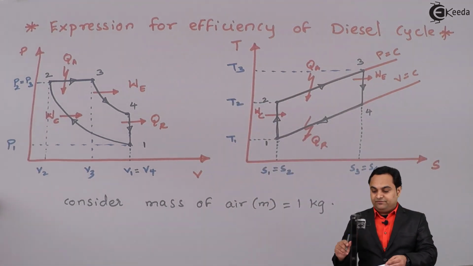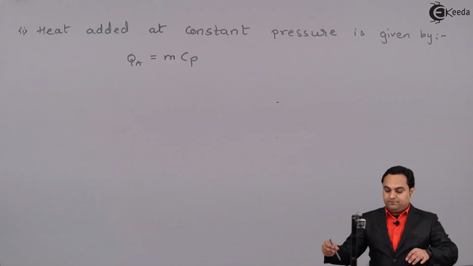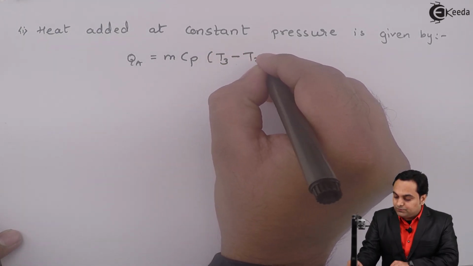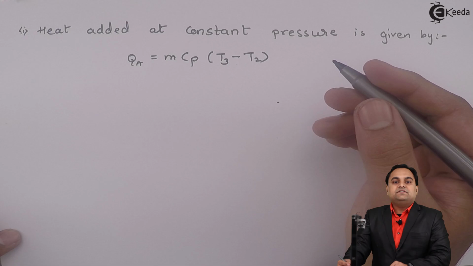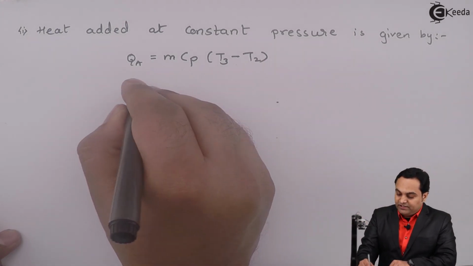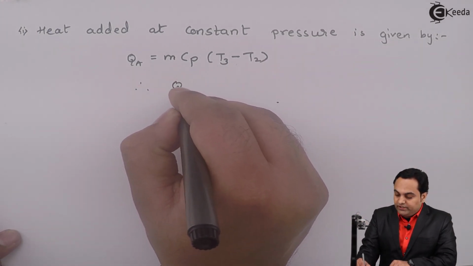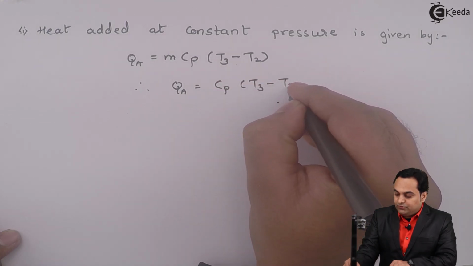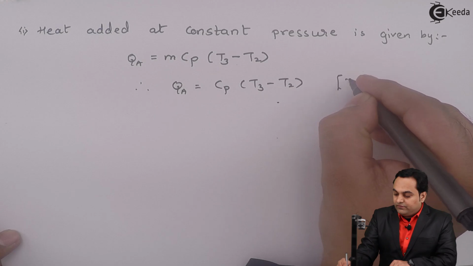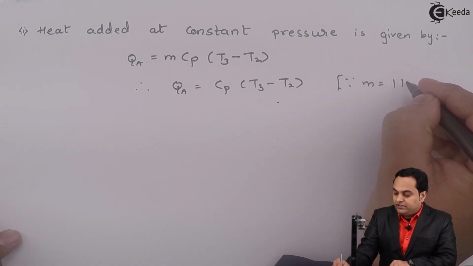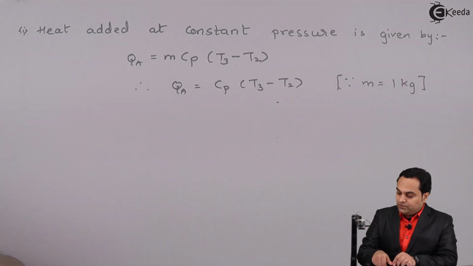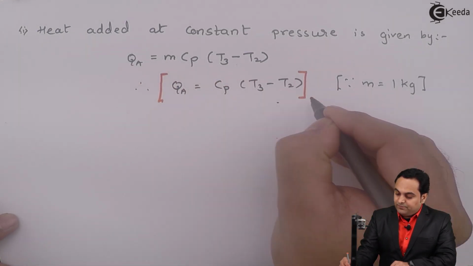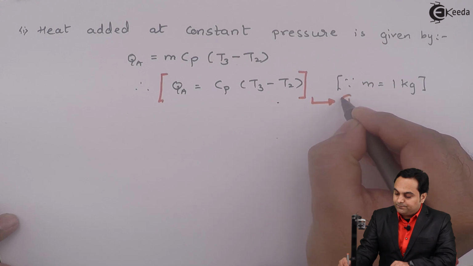So it will be m Cp (T3 minus T2), and as we are assuming the mass to be 1 kg, QA will become Cp (T3 minus T2). Since m is equal to 1 kg, which we have assumed, I will keep this heat added as my equation number 1.